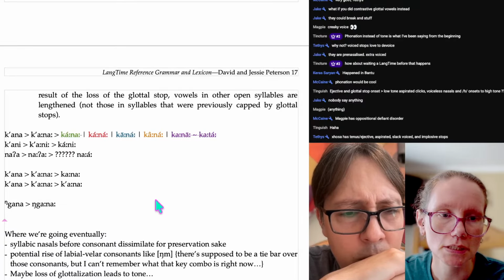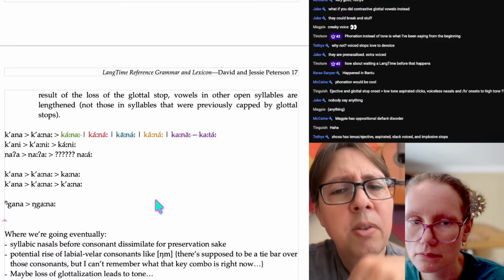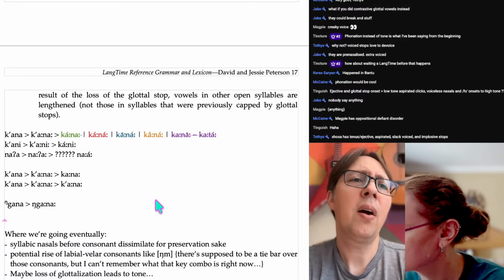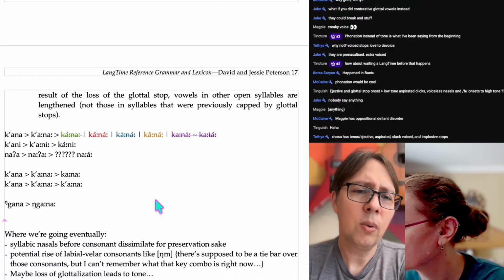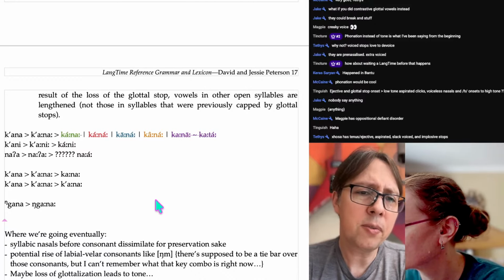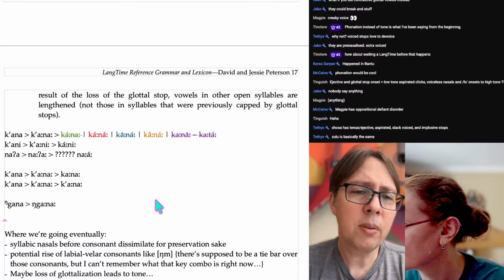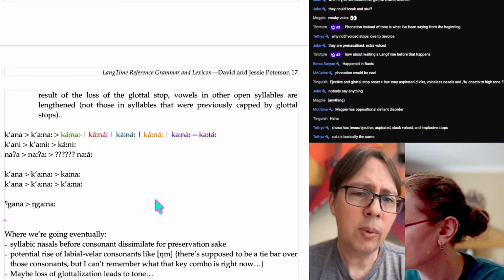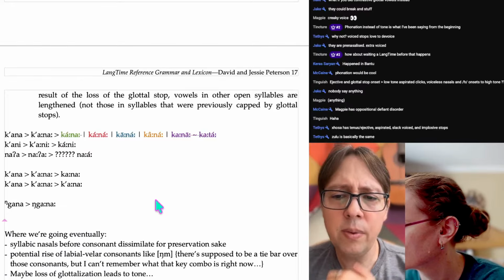Is that the potential? I don't know. That's one option. We've gotten rid of it at the end of syllables, which is fine. But it seems more difficult to get rid of it in between vowels. We haven't touched it yet at the beginning of a word.